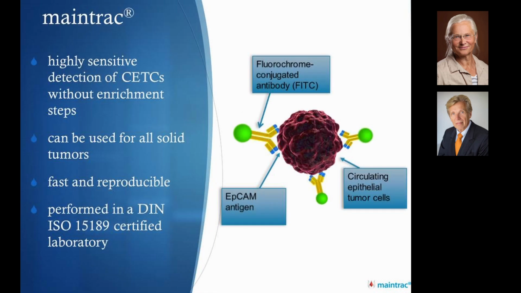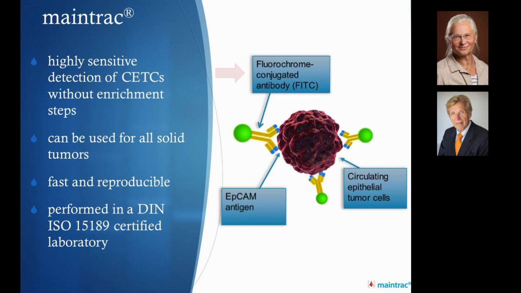How do we proceed? We look for cells that differ from the blood cells by using an antibody that is directed against an antigen that is present on the epithelial cells and not on blood cells, which is the EpCAM antigen.